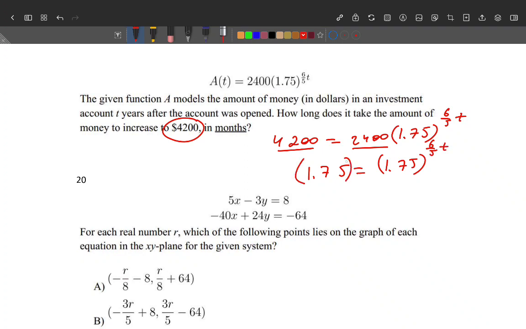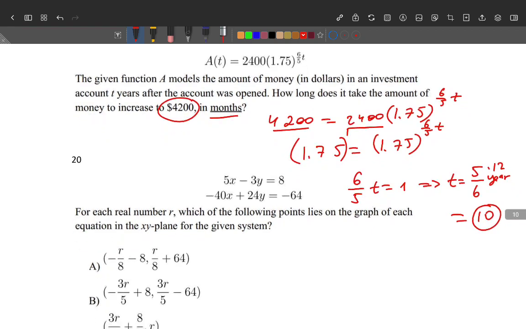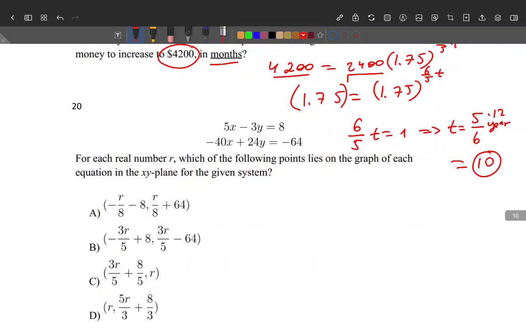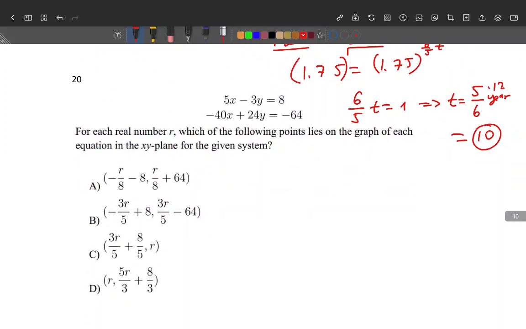From here, it means 6/5 t is equal to 1, t is equal to 5 divided by 6 years. They're asking from us in months. Because of this I multiply this by 12. It gives us 10 months. After 10 months the money will be 4,200. Okay.